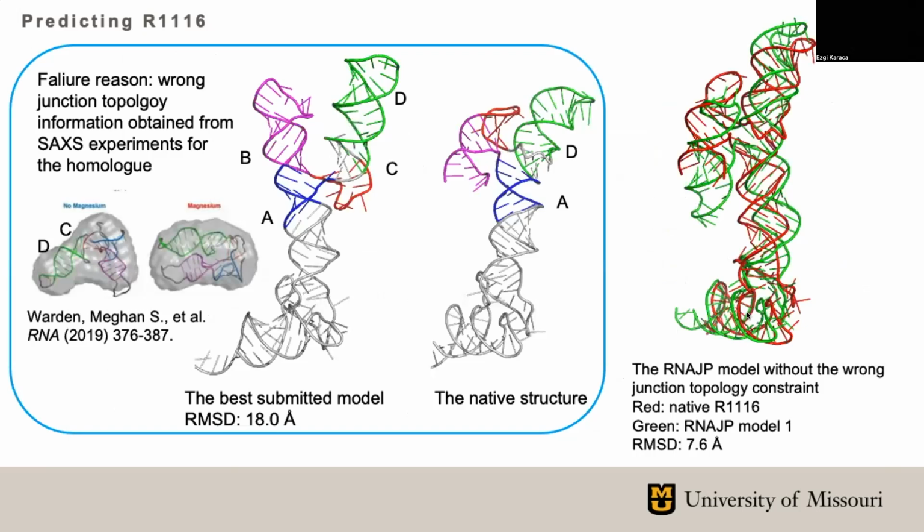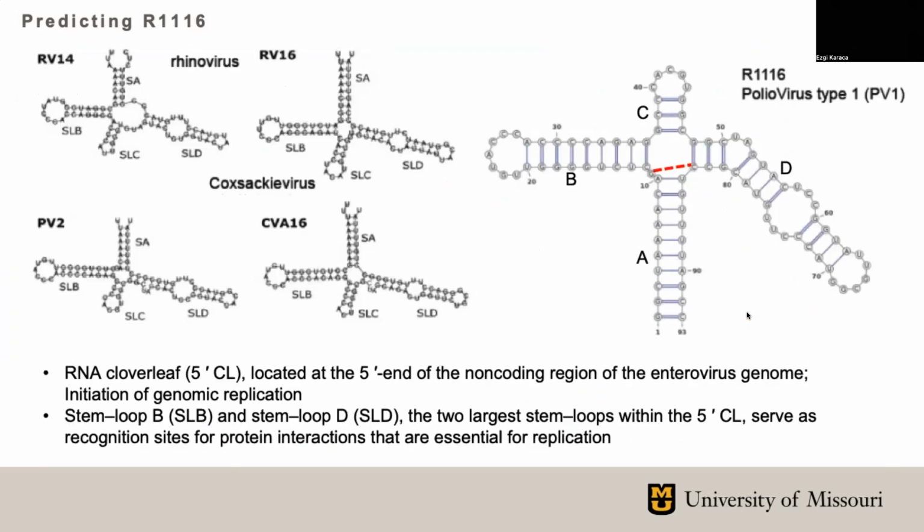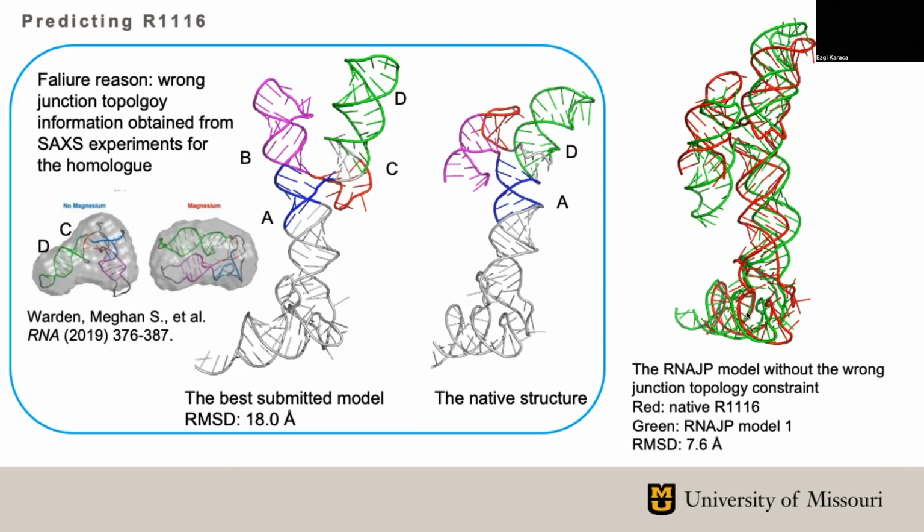there was an experimental structure. This is from the Sachs experiment, the RV14 structure published in RNA, which shows the coaxial stacking between A and B and between C and D, the four helices.